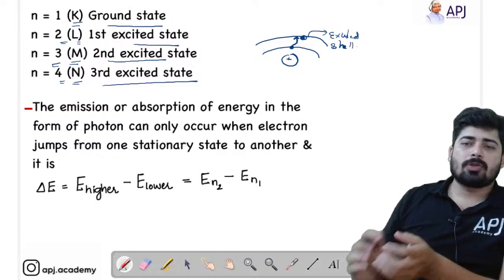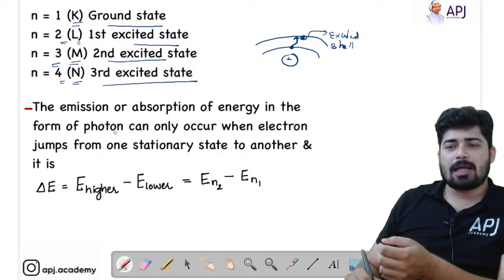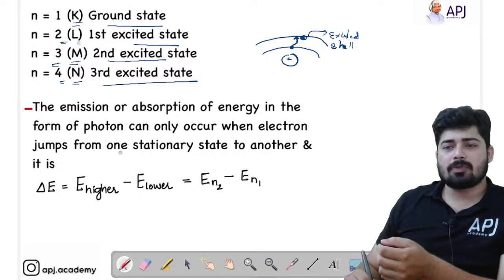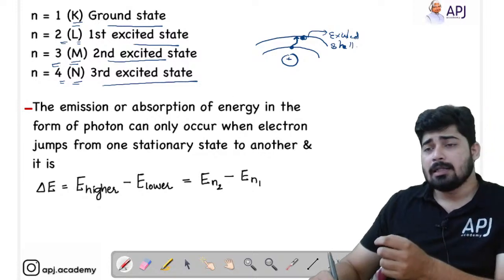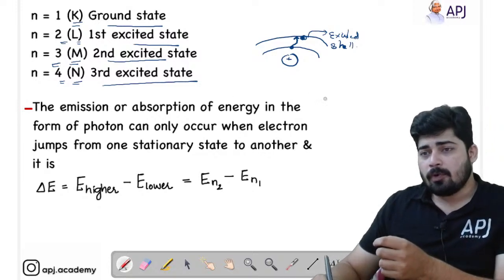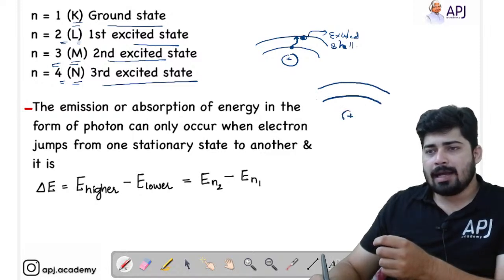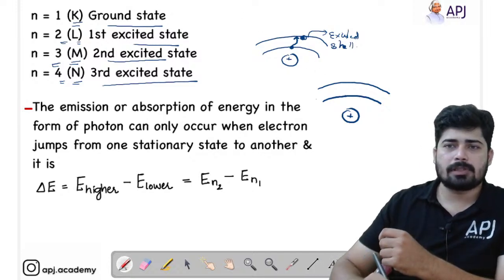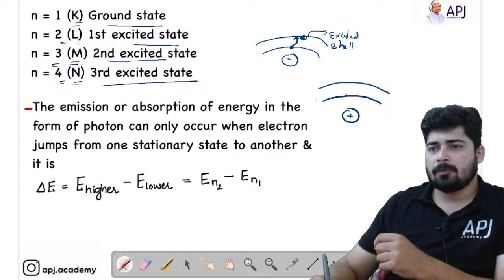So the emission or absorption of energy in the form of a photon can only occur when an electron jumps from one stationary state to another. I have told you that for an electron to jump from one energy state, that means from the first shell to the second shell, what does it have to do?